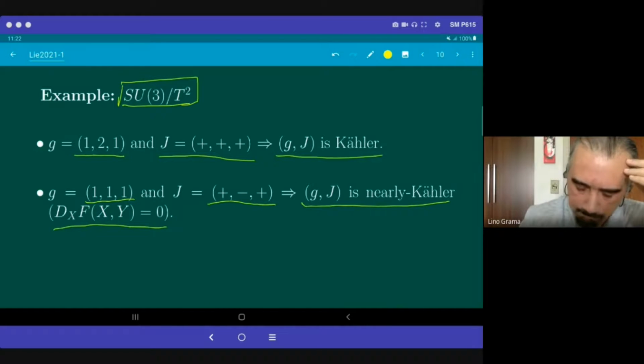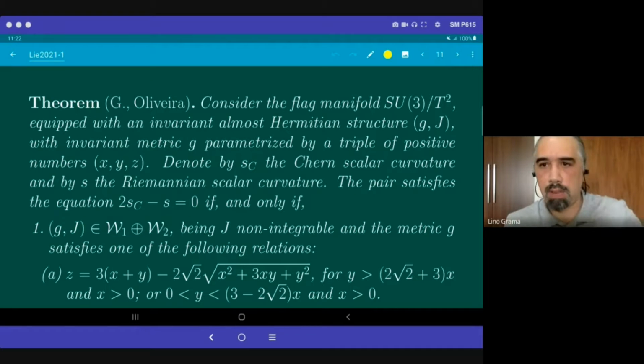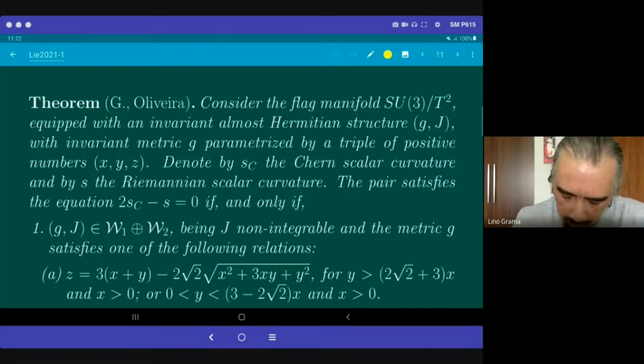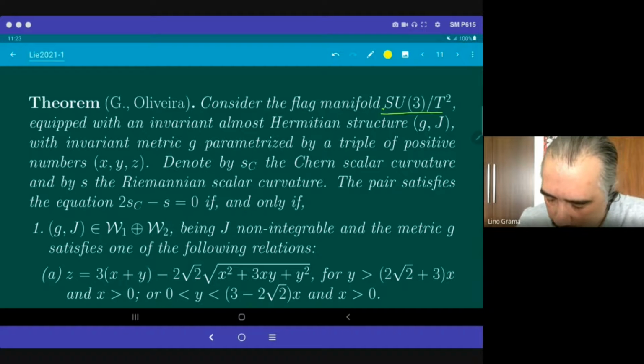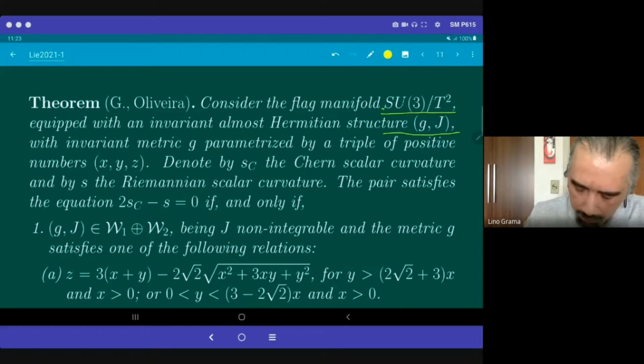Now we state our results to finish. This is the first result, joint work with Hilton Oliveira. We start with this flag manifold, and we have an invariant almost Hermitian structure, where the metric is parameterized by the triple of positive numbers x, y, z.